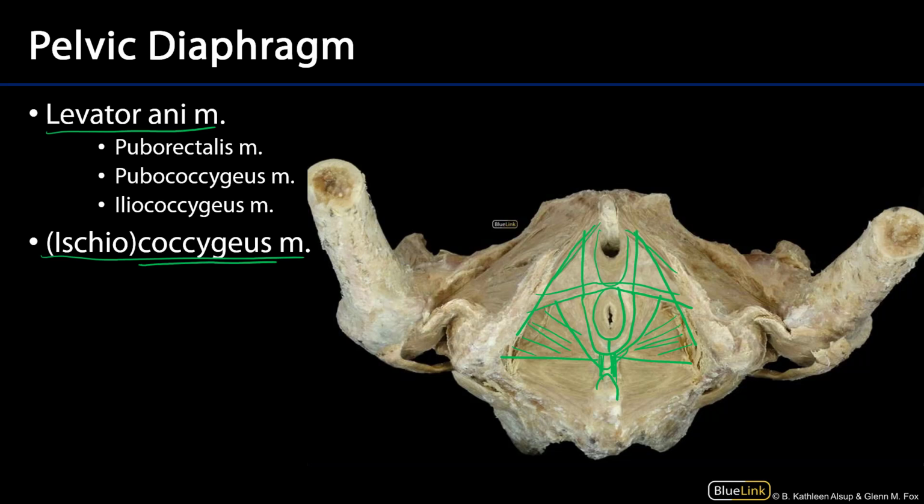And then finally, to round out the pelvic diaphragm, we have the Iliococcygeus muscles. The Iliococcygeal muscles are more wedge shape, and they run from the ischial spines, and there's actually connective tissue there that is part of that tendinous arc of levator ani.